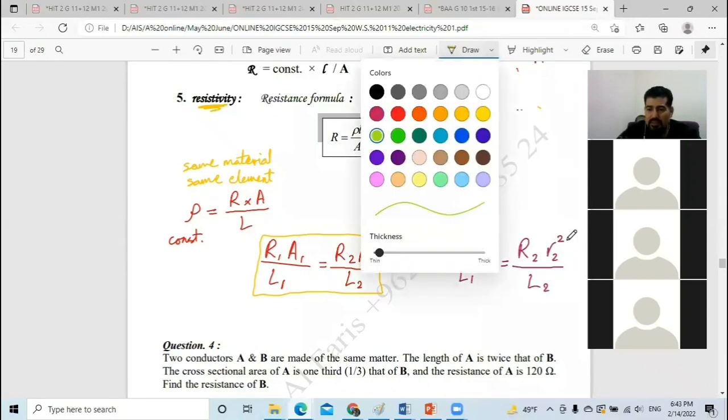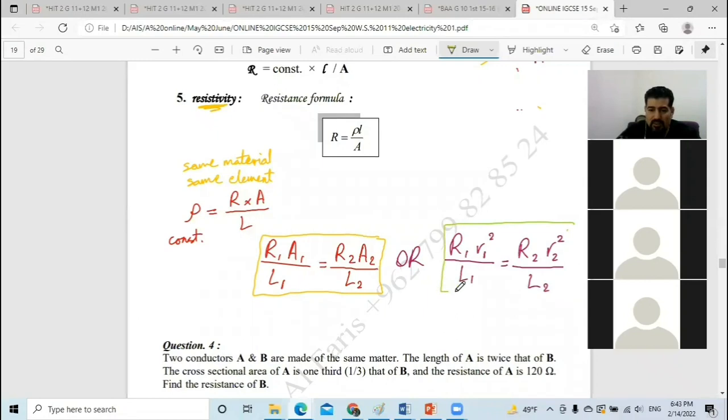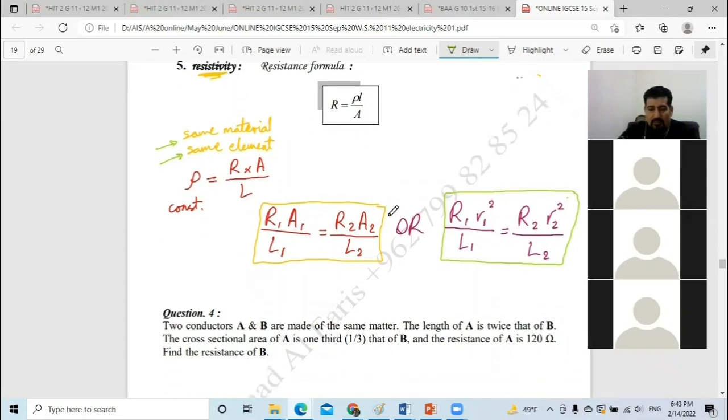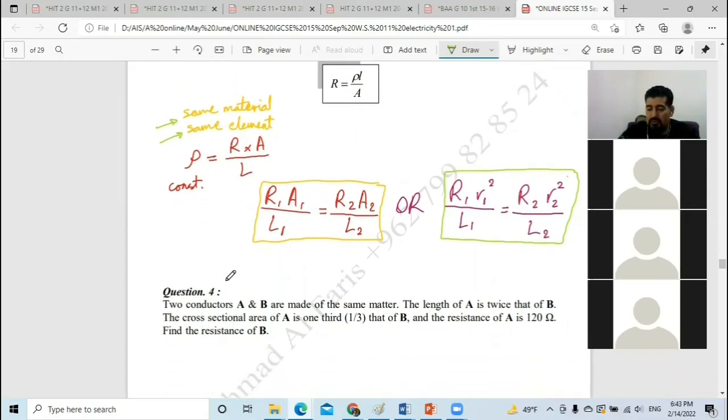These are the two formulas that I want you to understand and memorize when they ask about resistors where I switch these wires with different length or different cross-section area, but it's still the same material or the same element. Good. This is the last question for today.